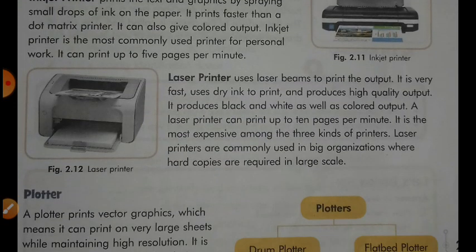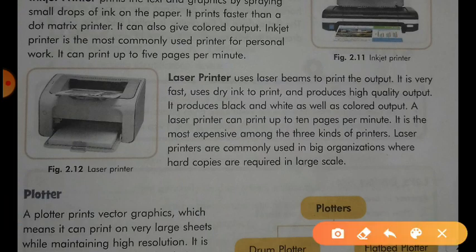The second type of printer is laser printer. Dear students, a laser printer uses laser beams to print the output. It is very fast, uses dry ink to print and produces high quality output. It produces black and white as well as colored output.